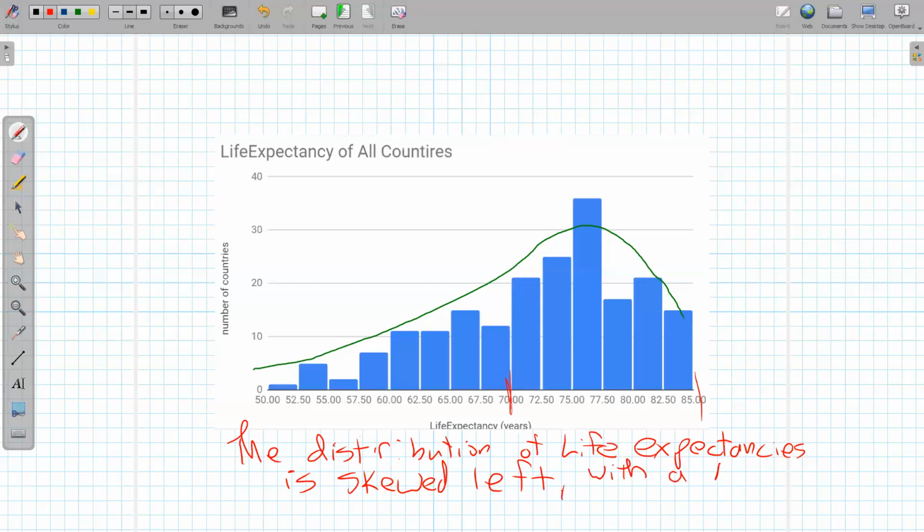With a majority of countries from 70 to 85 years. All right, so there are all different kinds of things that can happen when we make a graph as far as the shape.